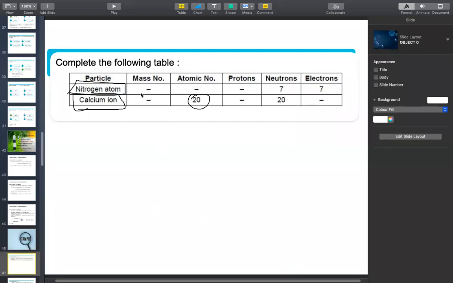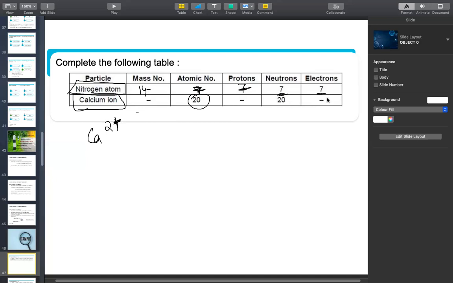Okay, fine. So nitrogen atom: neutron 7, electron 7. Proton will be 7 because electron and proton are the same. Atomic number will be 7 because proton and atomic number are the same. Similarly, mass number will be 14. Here calcium ion, calcium 2 plus, means 2 electrons are fewer than the total number of protons.